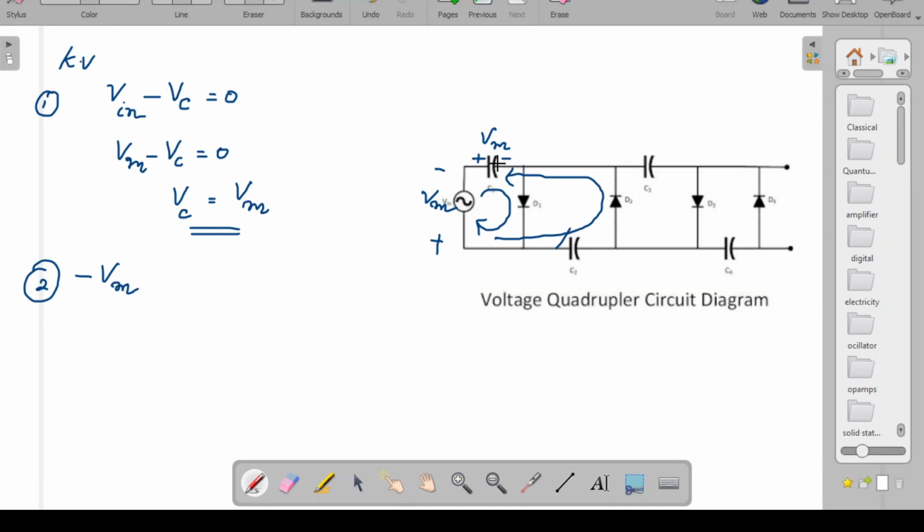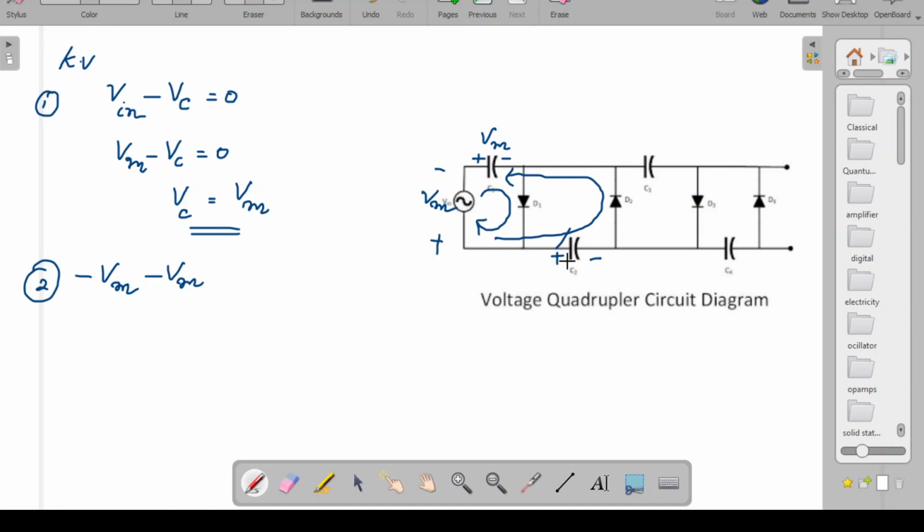Now what about this? This was already minus Vm, because the capacitor is now charged to Vm, and positive negative we take as negative polarity, so that is minus Vm. Here also it is positive negative, so we take it as minus Vm, and then you come to the capacitor. Now the capacitor will get charged like this is positive and this is negative, because this side is positive according to this voltage source.